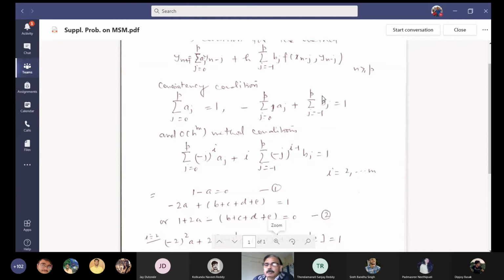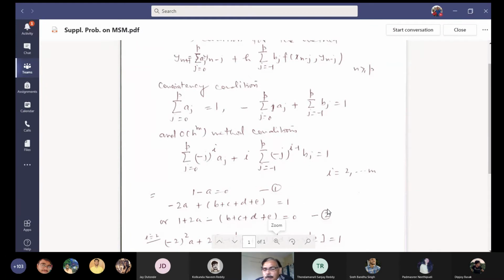Plus, with the slope part, all the terms b, c, d and e, so b plus c plus d plus e. So minus 2a plus b plus c plus d plus e equal to 1. This gives you the second equation.